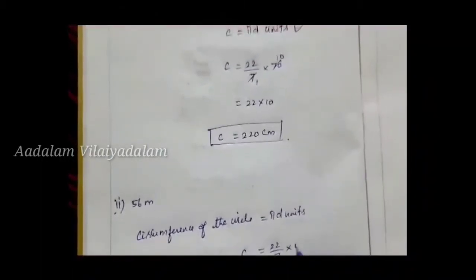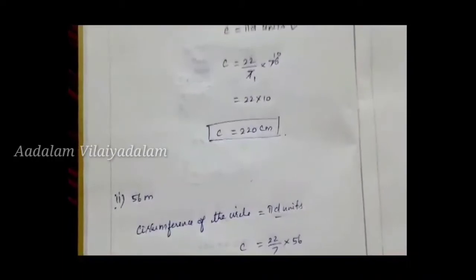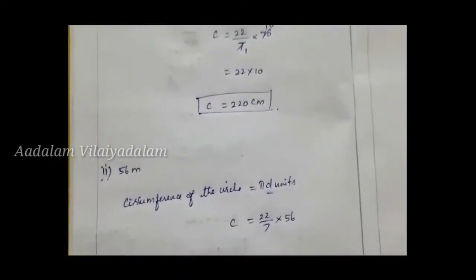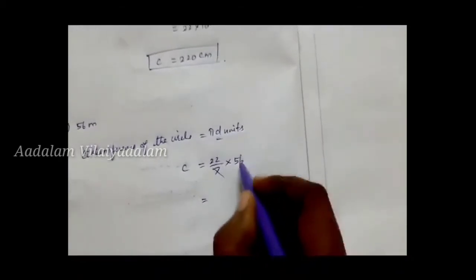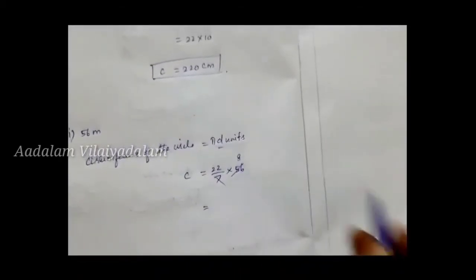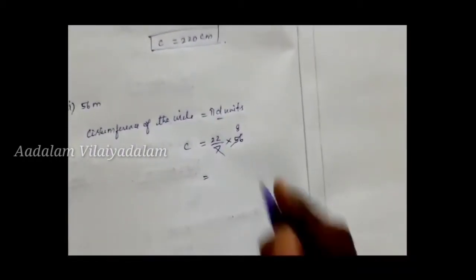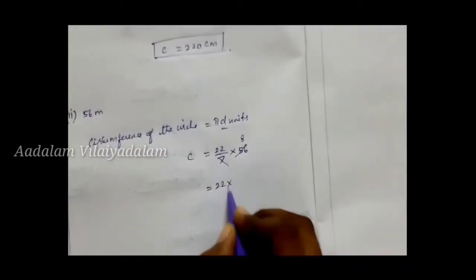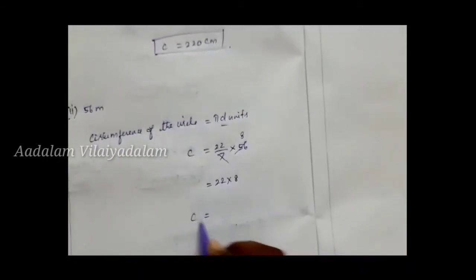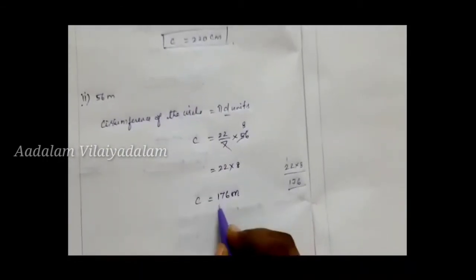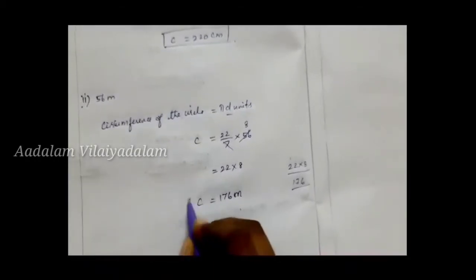Then 56 is the d value. If we cancel it by 7 table, then we get 8 times 7 is equal to 56. So therefore 22 into 8 we get 176 meter.